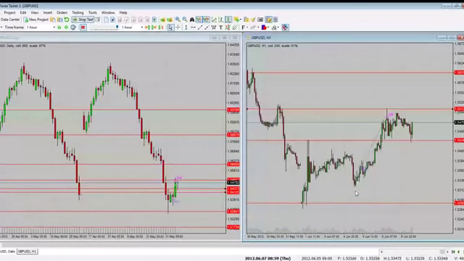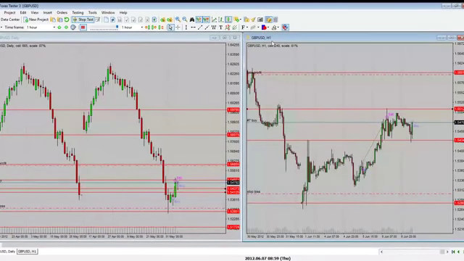Okay, so below this level here, that's where the stop goes. When we're trading from the daily charts, the stops will be wide, as will our take profit targets. Right now we're not too concerned about exact risk to reward here.